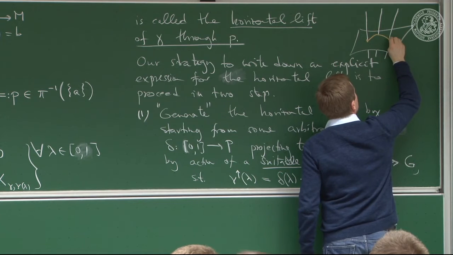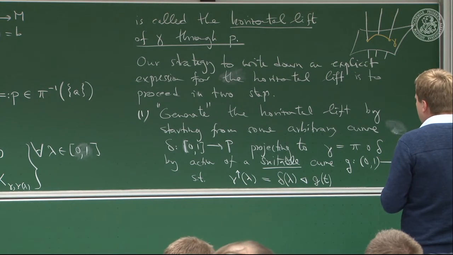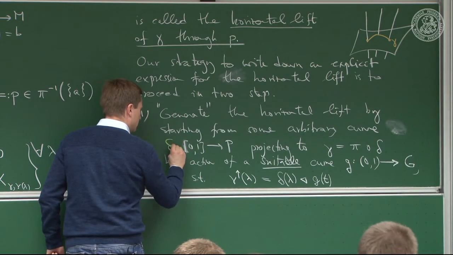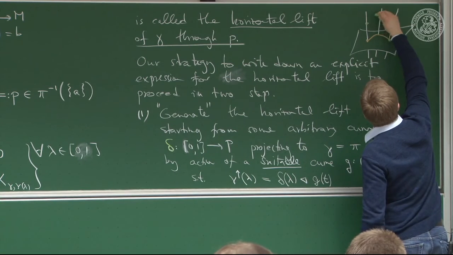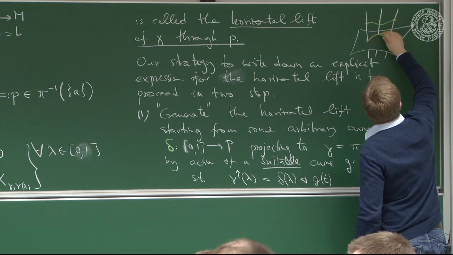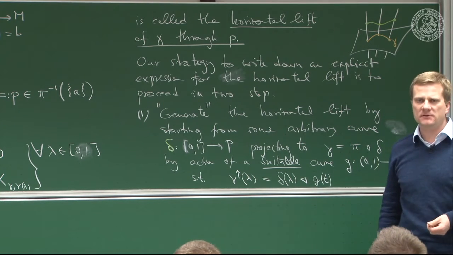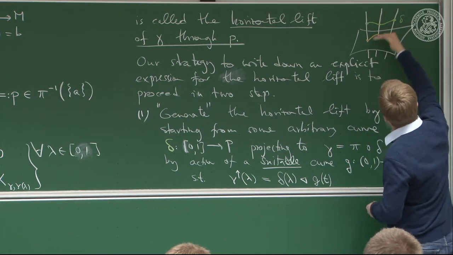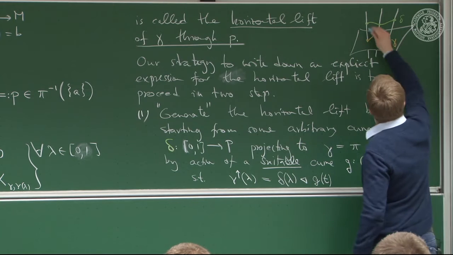Okay, the curve gamma. And now the idea is take any curve, green curve delta, in the principal bundle as long as it projects down to the curve gamma, which is of course ensured if it runs through the same fibers. Okay, so this is the arbitrary curve delta. Well, not so arbitrary, it projects down to gamma.